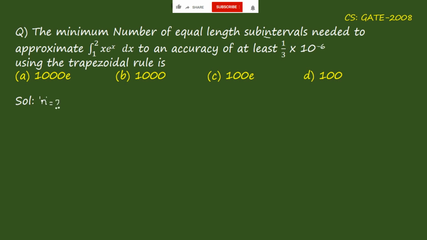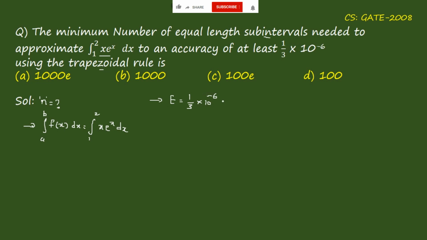They give the function here: integral a to b f(x) dx is the integral 1 to 2 x e power x dx, and the accuracy is 1 by 3 into 10 power minus 6. So the error we may get is equal to 1 by 3 into 10 power minus 6. You have to find the number of subintervals using the trapezoidal rule.